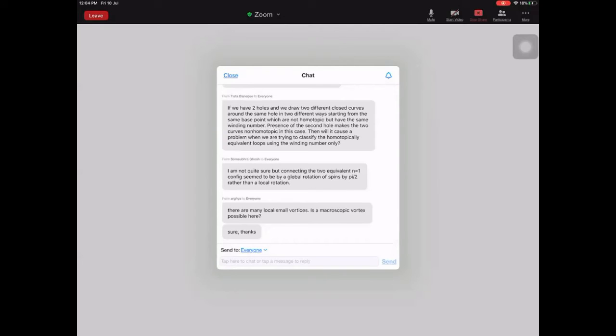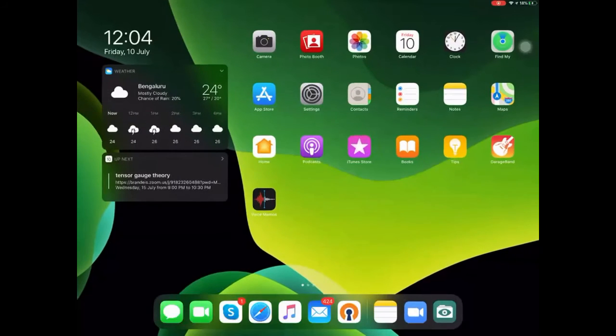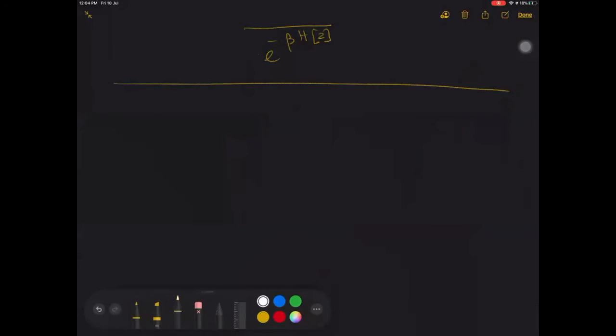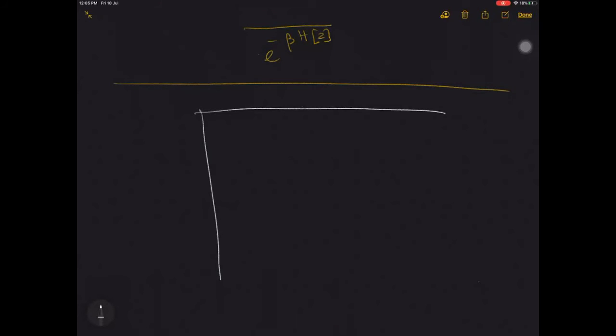Let's start with the actual field theory, so that we can set up some calculations to understand this. How do we think about a system with many vortices? That's the question one is faced with. Suppose this is a system.